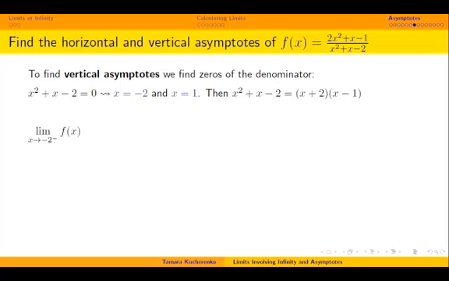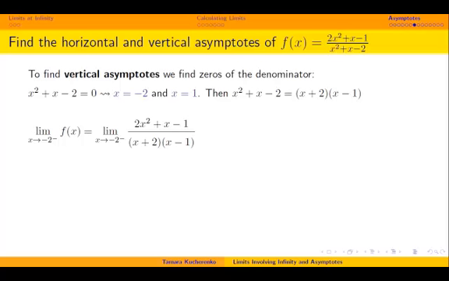The left-hand limit of f at negative 2 is the limit as x approaches negative 2 from the left of (2x squared plus x minus 1) divided by (x plus 2) times (x minus 1).